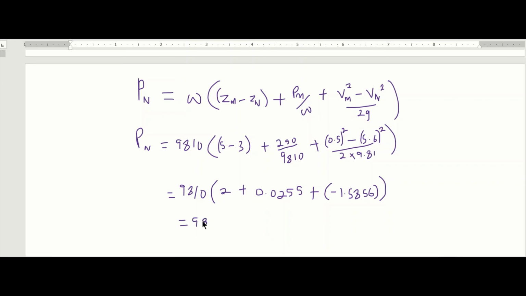So therefore we have 9810, open brackets 2 plus 0.0255, plus minus, remember that plus minus becomes a minus, okay? So 2 plus 0.0255 minus 1.5856, that gives us 0.4399.